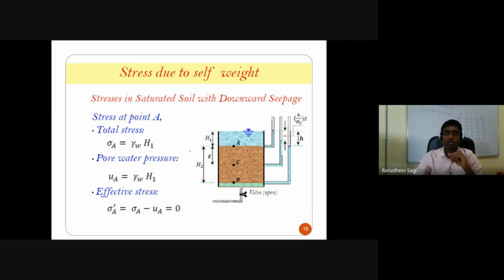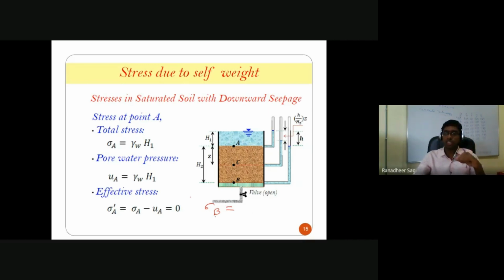When I want to calculate the total stress at point B, the total stress is all because of the material which is there over and above that particular point. So what is the material over and above point B? To a height of H2, I have soil. Above that, to a height of H1, I have a water body.